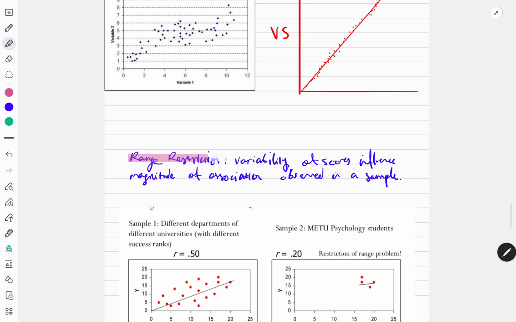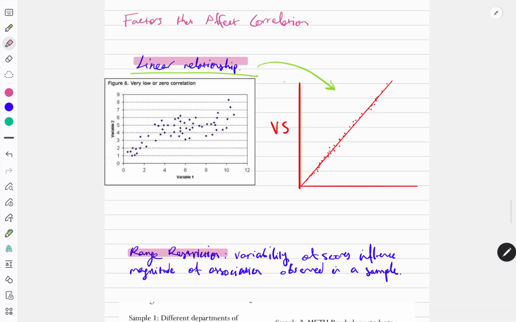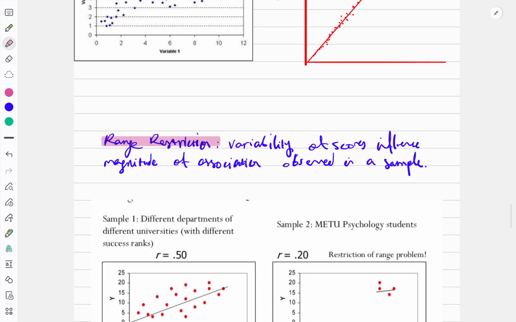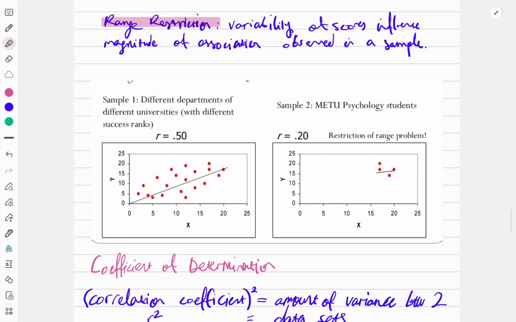And we also use the term range restriction. It is the variability of scores that influences the magnitude of association observed in a sample. What we mean is that when we restrict our participants to only psychology students, we can only see this part of the data, but we need to see the whole picture, right?